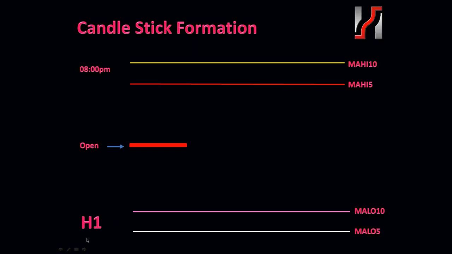Let's say, for example, this is an H1 time frame, and the time now is at 8 p.m. and there's a new candle that opens at this particular price. You have to understand that the market, the chart, has what you call an X and Y axis. So basically, here at the bottom you have time.